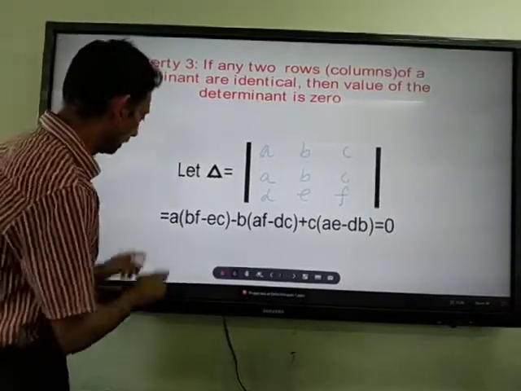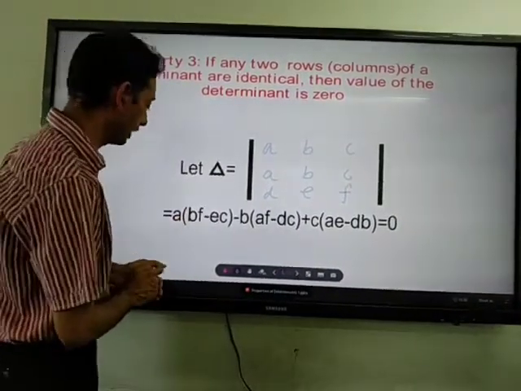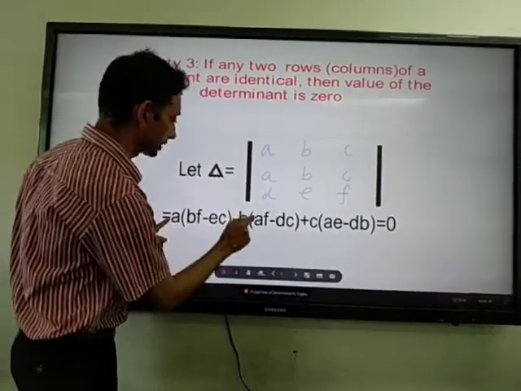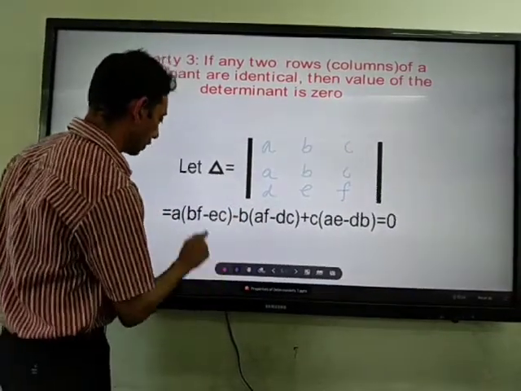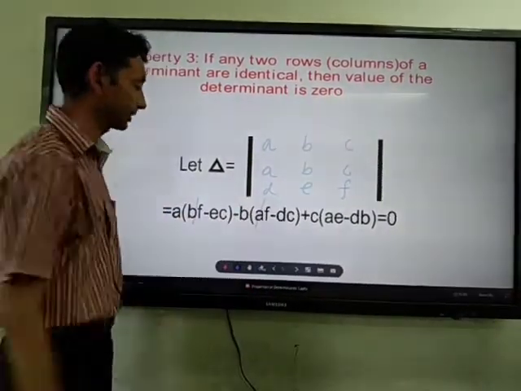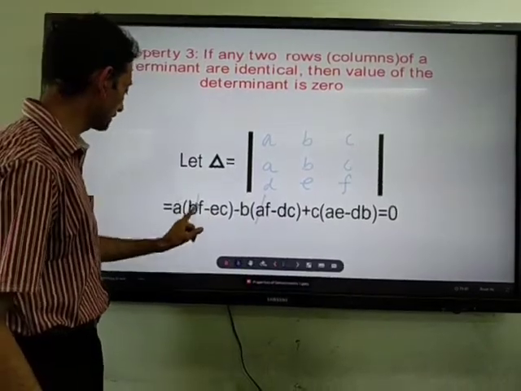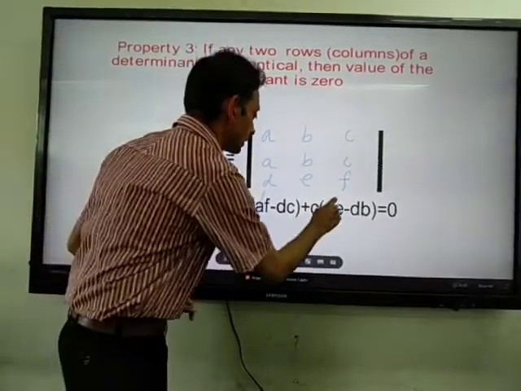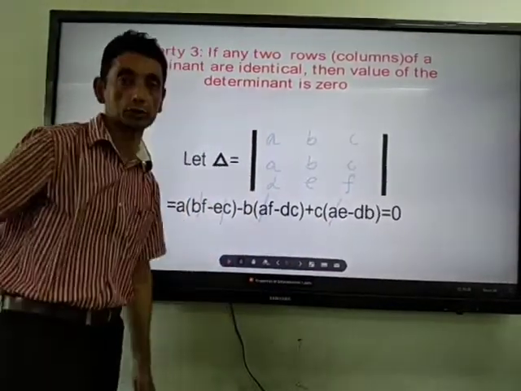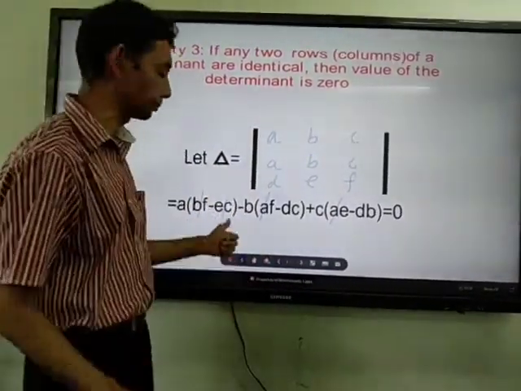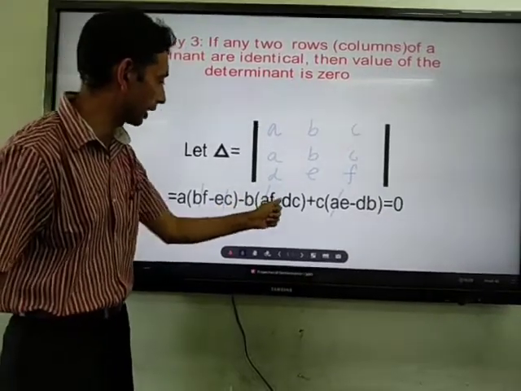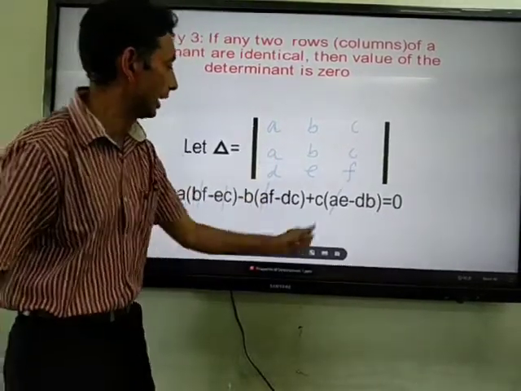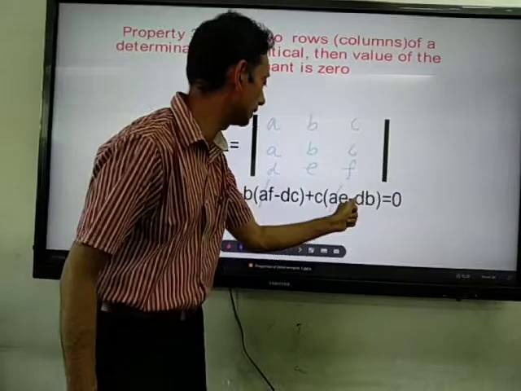Now let us see the value of this determinant. The first term is ABF, and the other is minus ABF, so obviously these two cancel. The next term is minus AEC, and this is plus AEC, so these two terms also cancel out. What will be left out? Only two terms, minus and plus: BDC, and this is minus BDC.